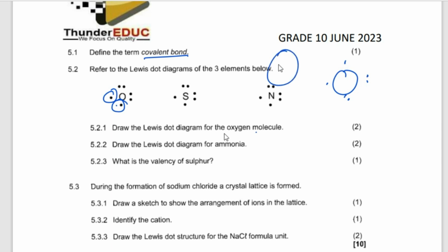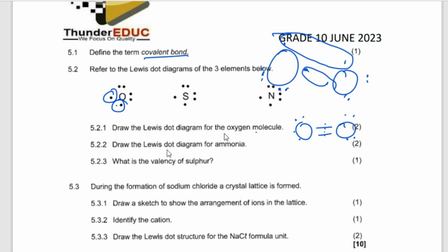Then another oxygen this side, 1, 2, 3, 4, 5, 6. So this one and this, they're going to form a bond, and this one and this, they're going to form a bond. So you just bring them together, and don't forget that oxygen is like this. They're going to form a bond there and a bond there, and 2 lone pairs on these oxygens.